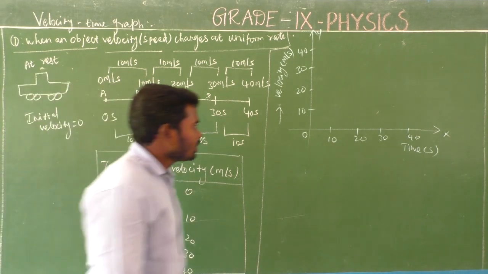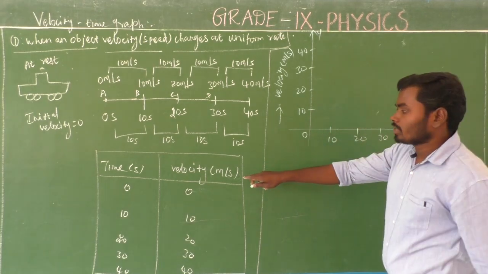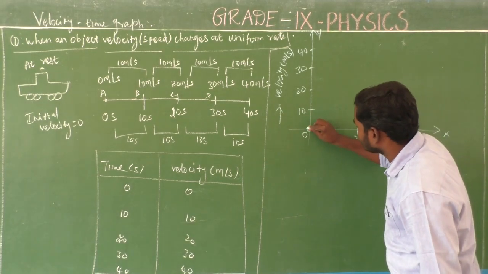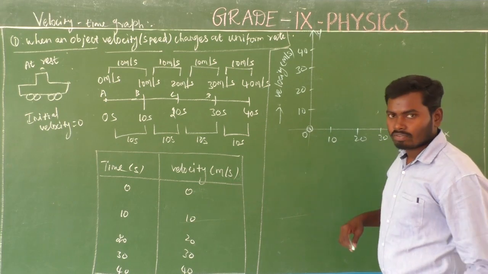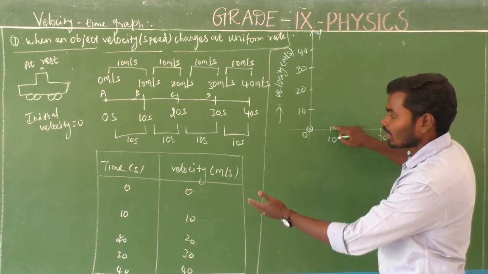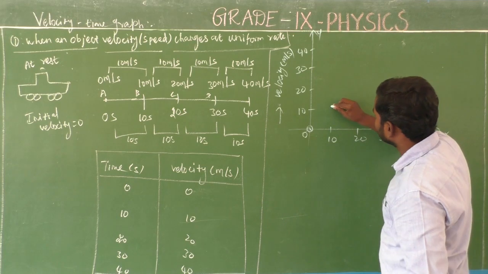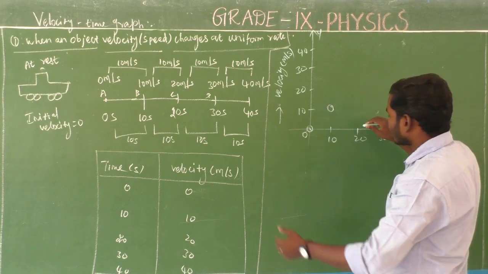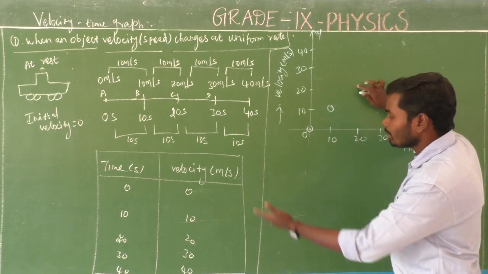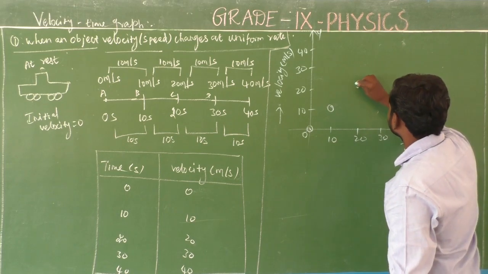At 0 seconds, the velocity of the object is 0, so 0 is here. Next, at 10 seconds, the velocity of the object is how much? 10 meters per second here. Next, at 20 seconds, velocity 20 meters per second here.